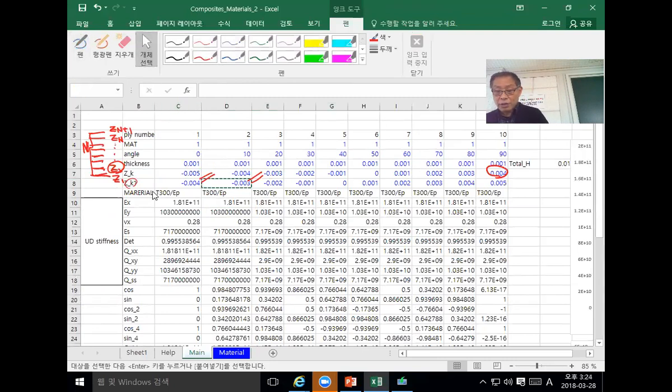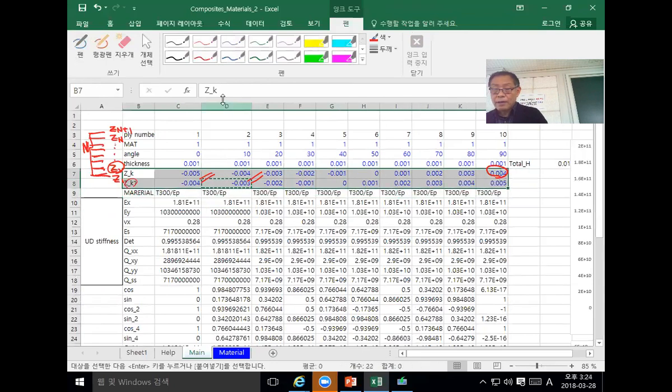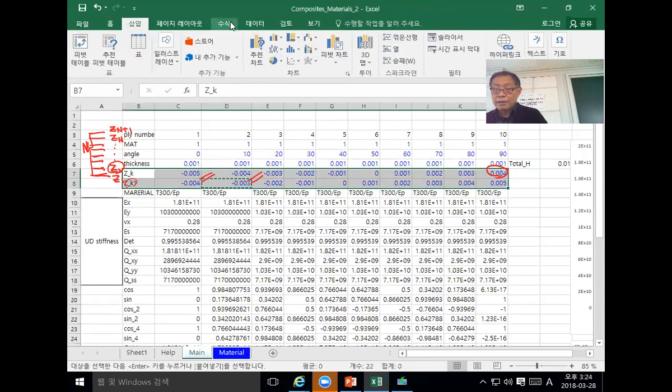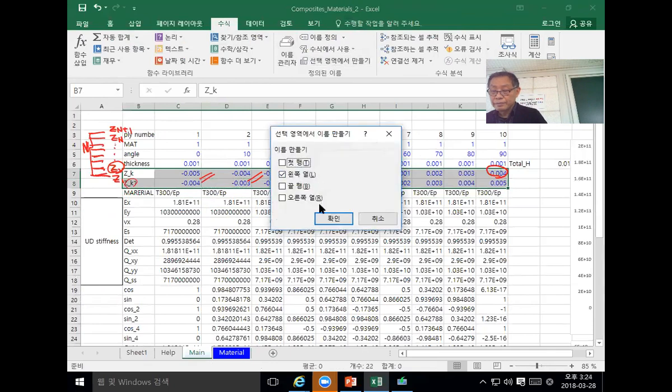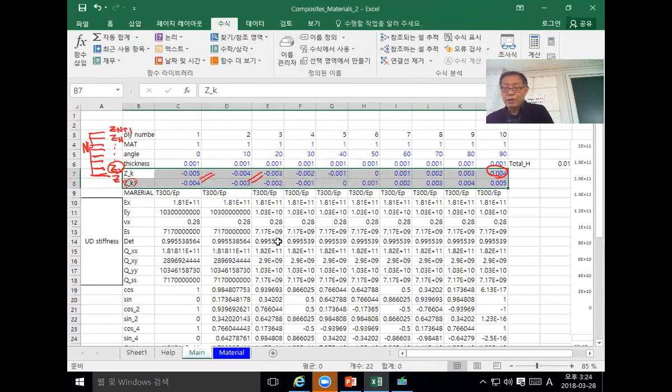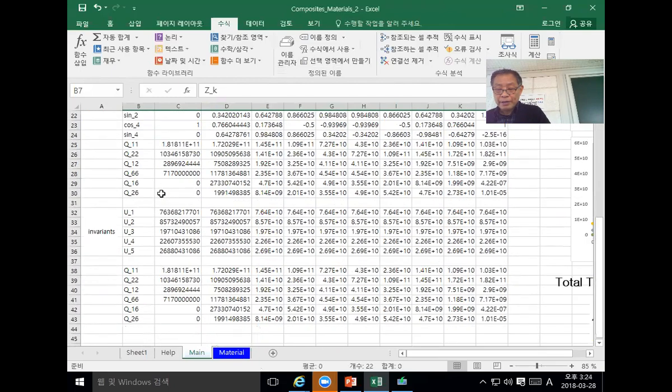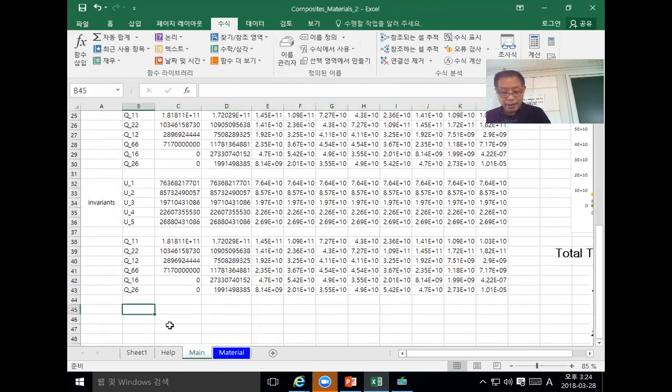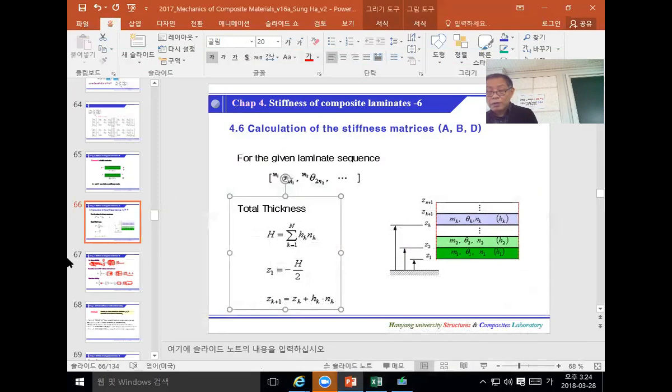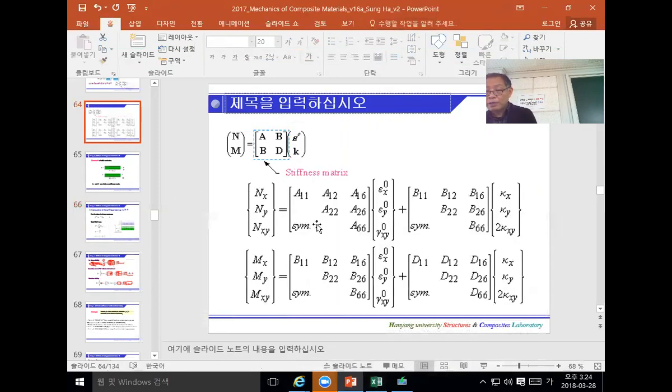Okay, so let's define the names. We have a variable called ZK and ZK1. Now, how do we calculate the A matrix? First, we need to follow these terms.